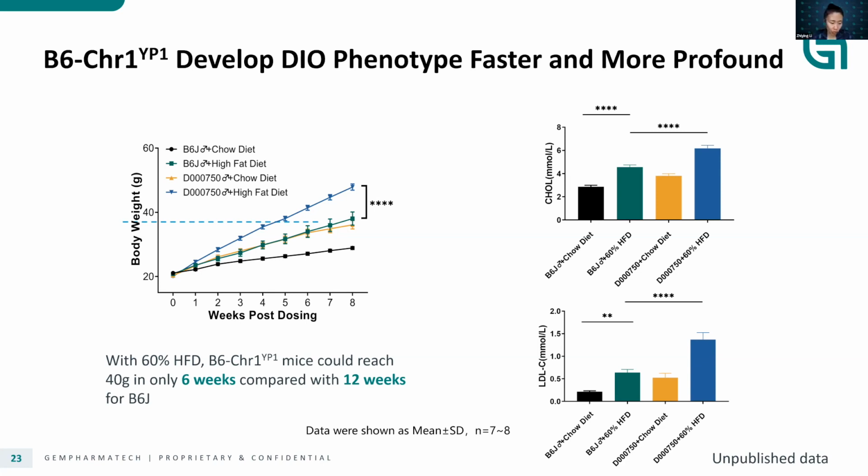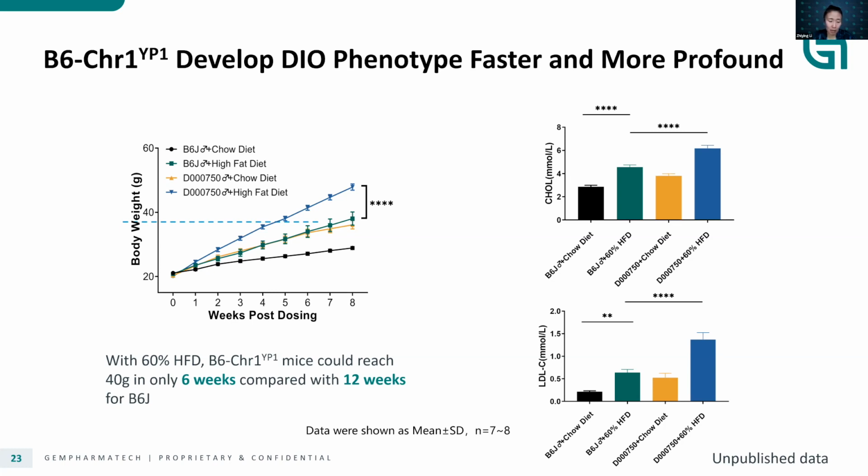So one of the traditional models to study all these metabolic-related symptoms is DIO, diet-induced obesity. Basically, B6 or other inbred strains are put on high-fat diet treatment for a long time so that they become obese, accompanied by the metabolic syndrome.